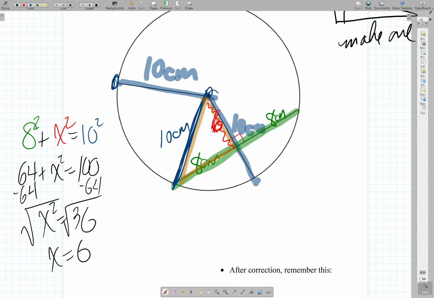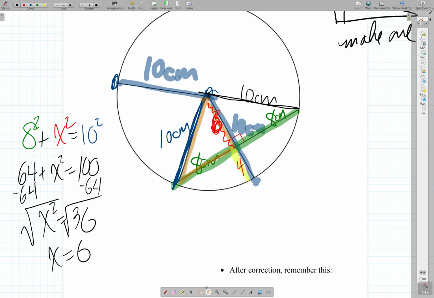That little piece right there is 6. And then you ask yourself, but wait, there's more. If this whole thing is 10, and you see that little dot there, and this is 6, 10, 6, that means right here is going to be 4. You kind of look, any other segments we can manage? Well, I could go this way if I wanted to. So that's 10 cm. And you're like, okay, no more segments.